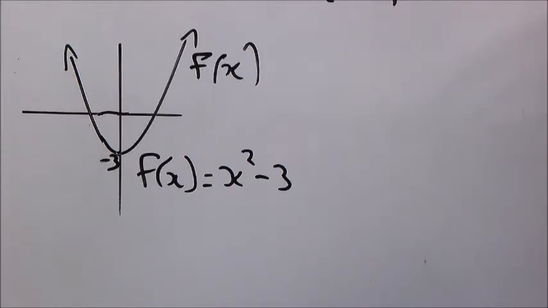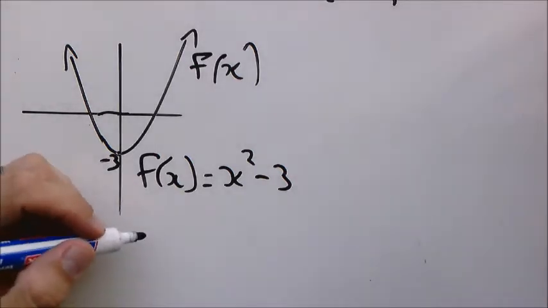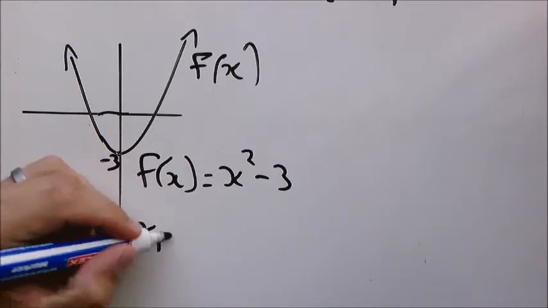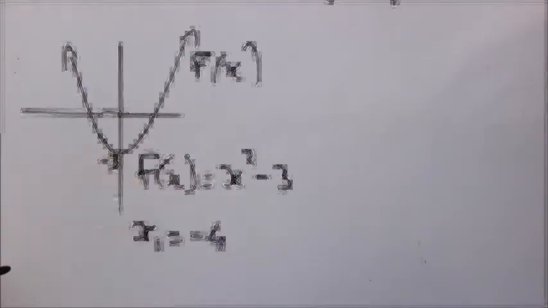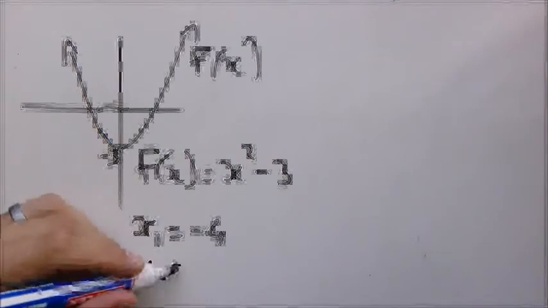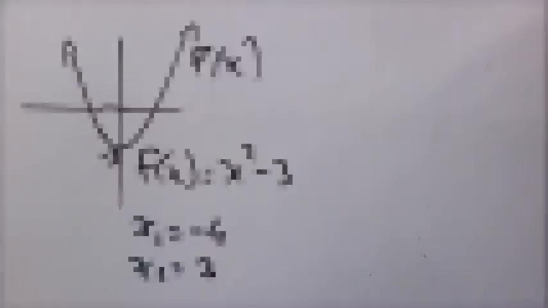Now I'm asking what is the average gradient for this graph where x is equal to -4 and where x is equal to 3. So we've got two x coordinates. x1 is -4 and x2 is equal to 3.